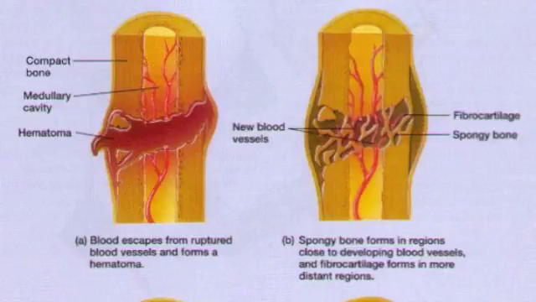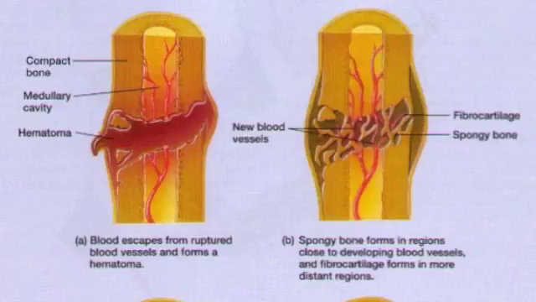The second one is what is being shown on the picture to the right. So if you look at this one, you'll see that blood vessels are now growing into the hematoma, or that broken space that is there. And what that does is the blood vessels are going to bring macrophages and stem cells into the space so that they can differentiate into the various types of bone and cartilage that are needed.